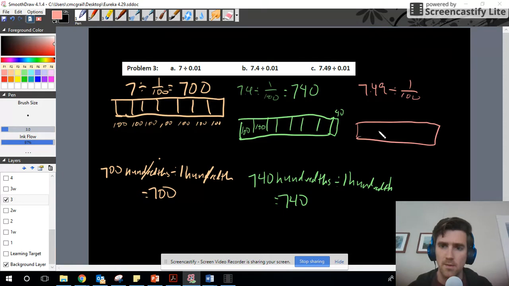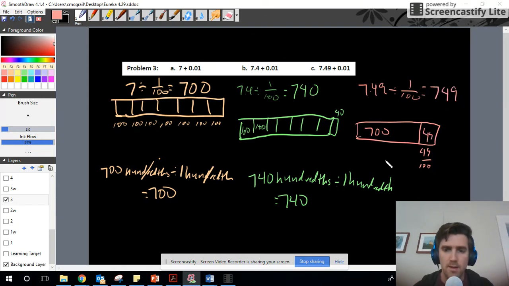Well, same deal. I know that inside of here, I would have 700 hundredths, and then here is 49 hundredths. So the number of hundredths in here would just be 49. So my answer would be 749.